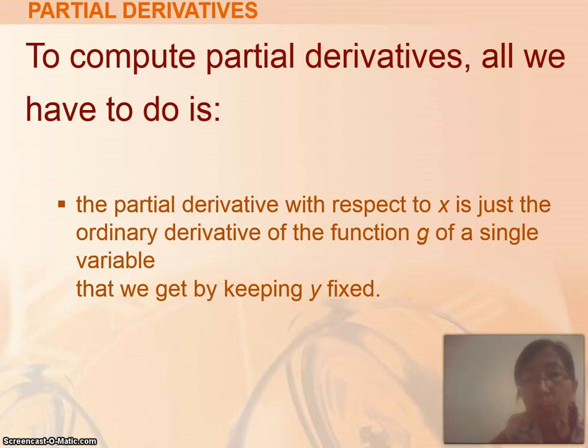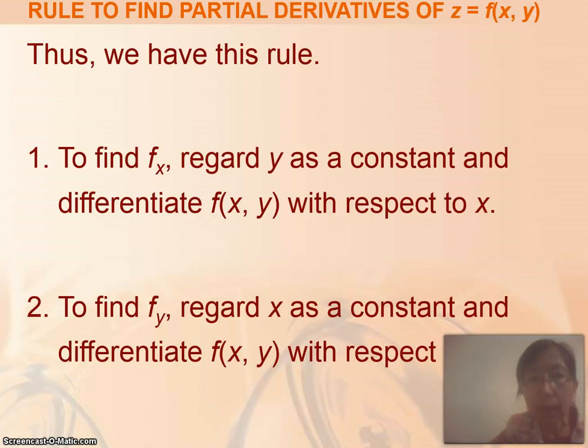So, to compute partial derivatives, all we have to do is this: the partial derivative with respect to x is just the ordinary derivative of the function of a single variable that we get by keeping y fixed. Rule to find partial derivatives of z = f(x, y).